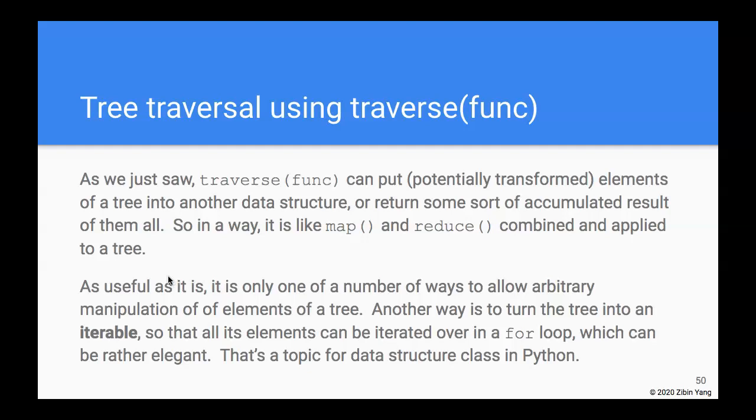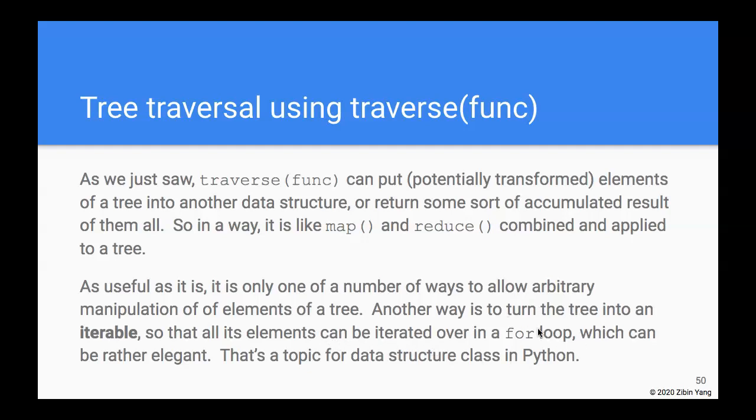So now we know it's useful, but as useful as it is, it's really just one of a number of ways to allow some sort of arbitrary manipulation or processing of the elements of a tree. Another way is to actually turn the tree into an iterable, and then all of its elements can be iterated over in a for loop.